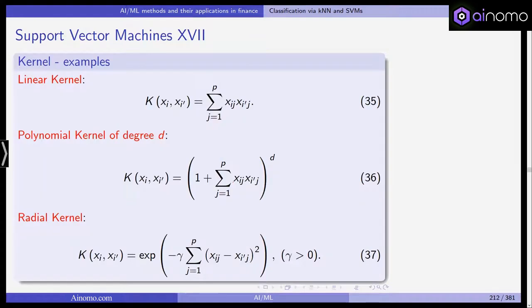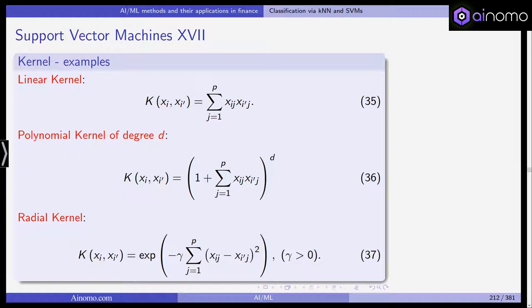And this is what finally is a support vector machine. We can use different kernels. For example, we can use the linear kernel. We can also use a polynomial kernel of degree d, or quite often the so-called radial kernel or radial basis function kernel, which is given in equation 37. So these are different choices for comparing xi and xi dash, two vectors.